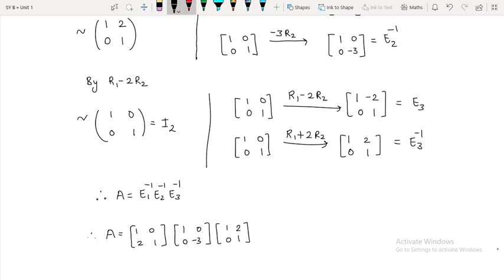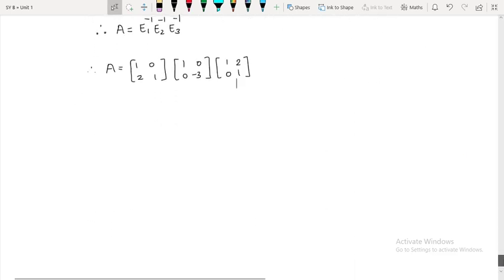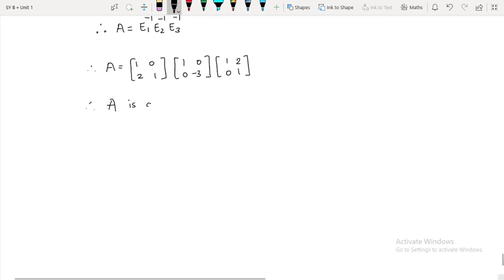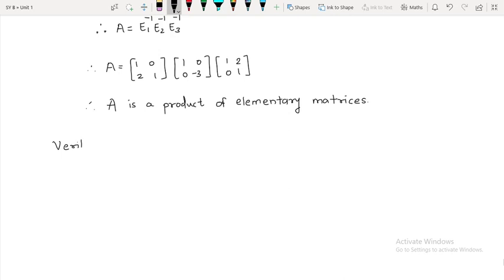So here we have expressed A as a product of elementary matrices. Therefore A is a product of elementary matrices. Now you can verify your answer also. The verification part is for homework. So how are you going to verify your answer?